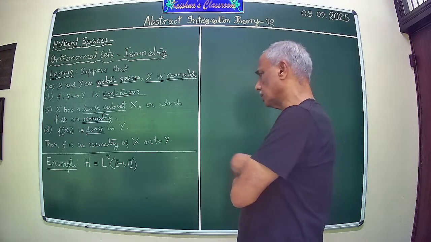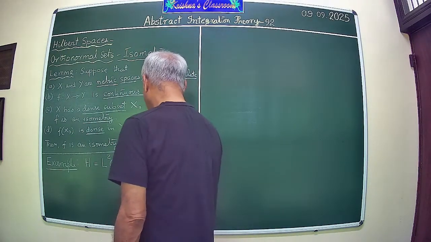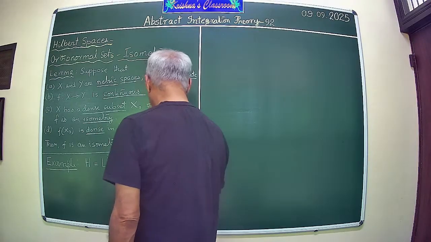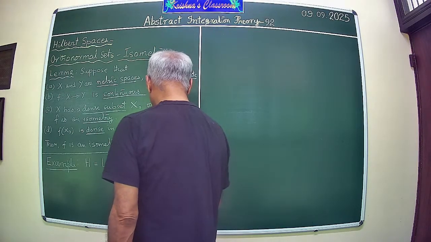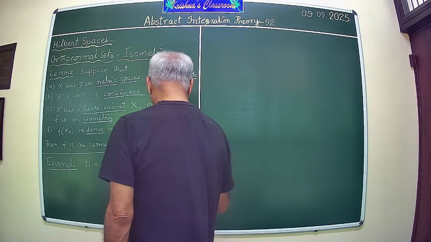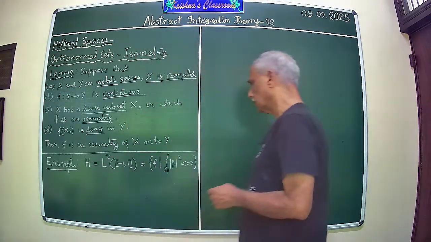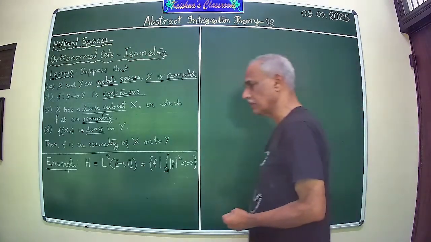That means all f such that the integral from minus 1 to 1 is finite. So this is the collection of vectors. They are functions defined on the interval minus 1 to 1.